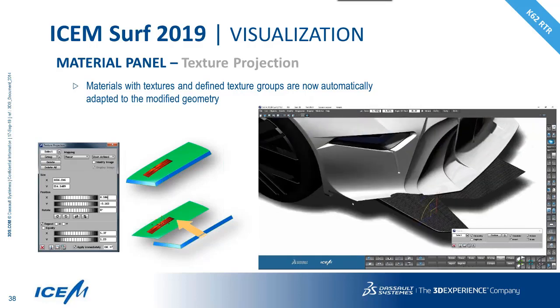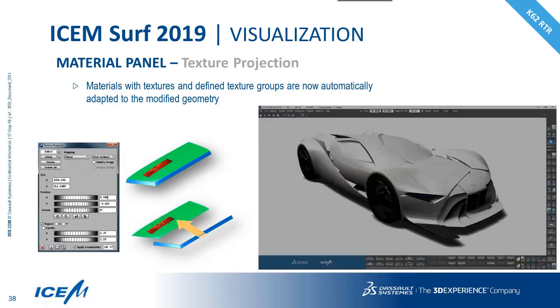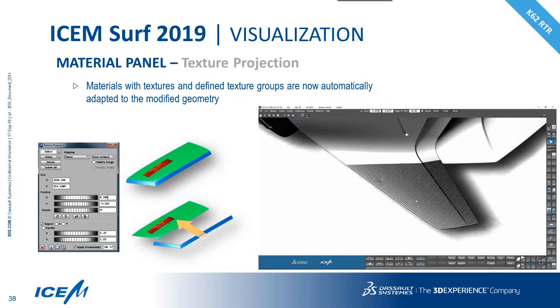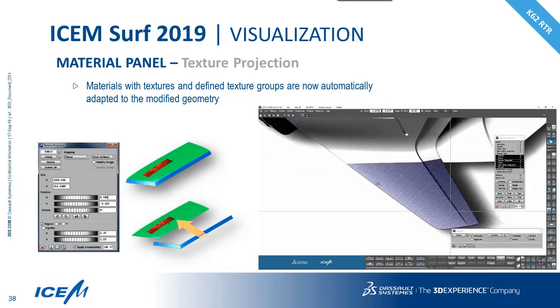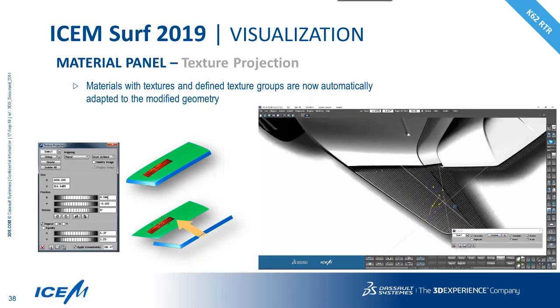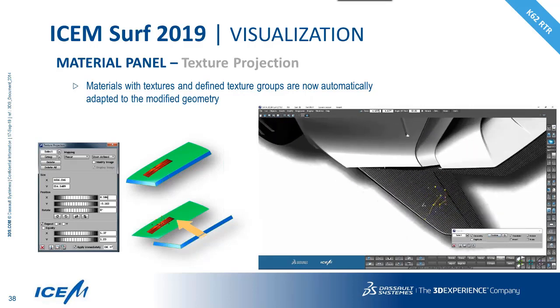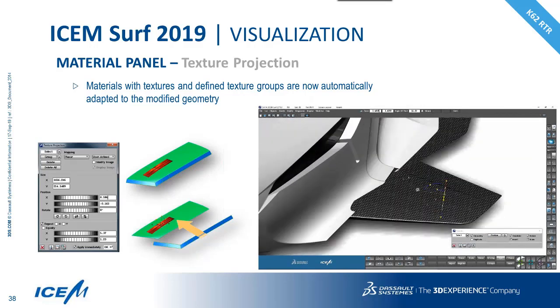So now we've added a logical arrangement where if you change the geometry, the texture assigned to it changes too. It's just a sensible enhancement that makes sense. So you see how we're spinning around this feature and the texture's moving with it. You wouldn't want the texture to re-project all the time.